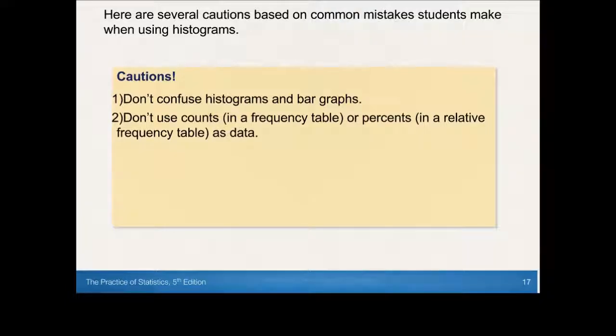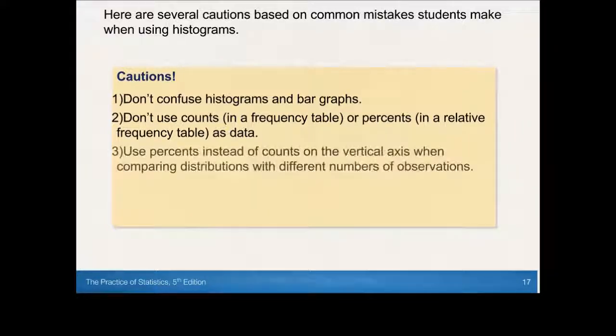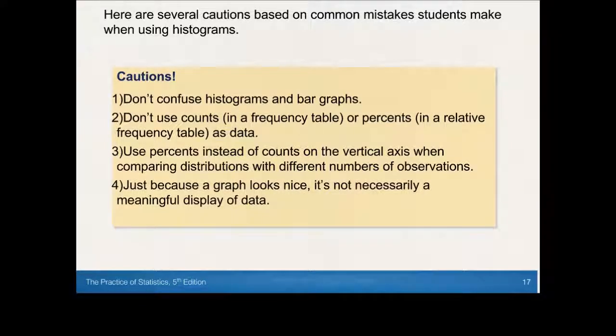So be careful. Don't use counts in a frequency table or percents in a relative frequency table as data. Use percents instead of counts on a vertical axis when comparing distributions with different numbers of observations. And just because the graph looks nice, it is not necessarily meaningful data.